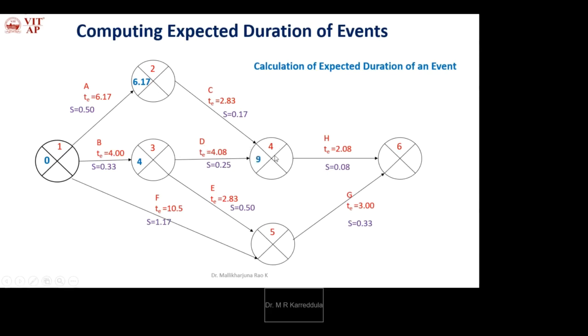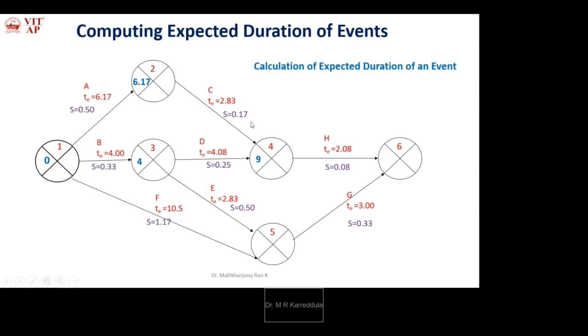So for 4, how will you calculate? For 4, there are two previous events, 2 and 3. What do we do when we have more than one previous event? Take the maximum.